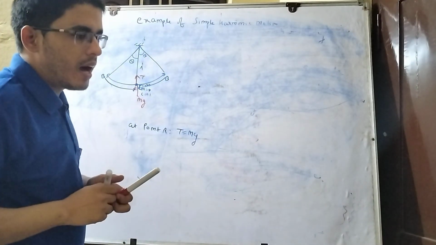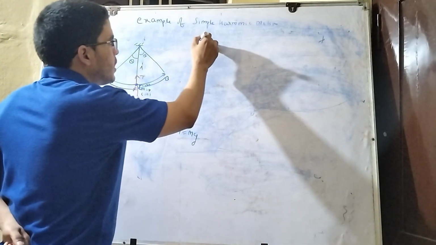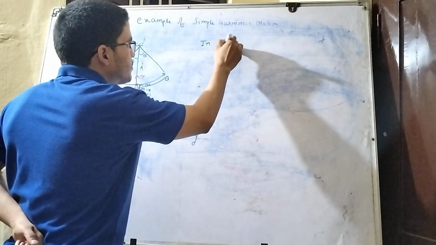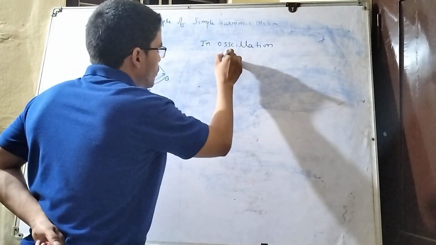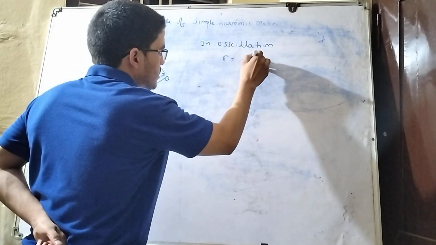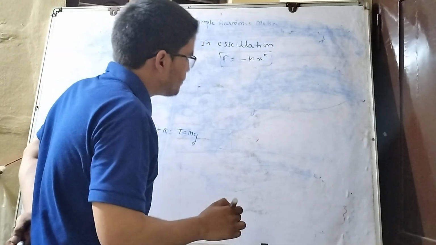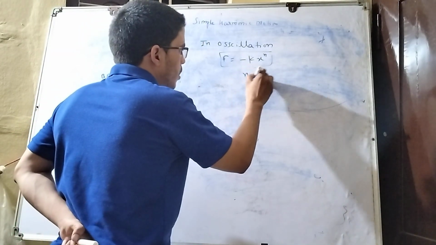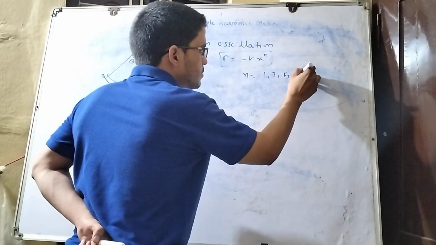So what is simple harmonic motion? Actually, in oscillation, I told that force equals minus k x power n. Here n will always be an odd number, 1, 3. Why odd?